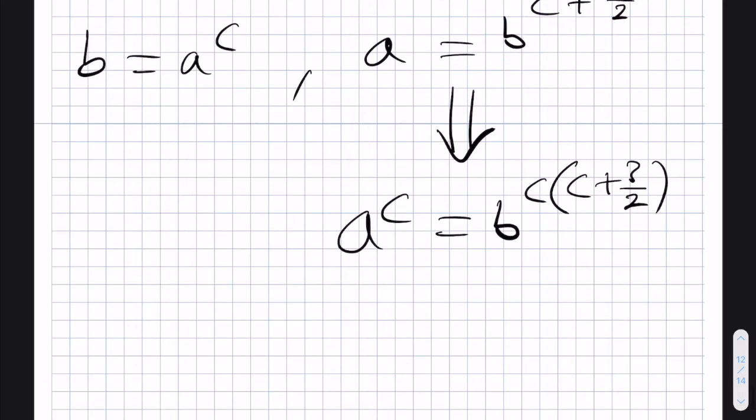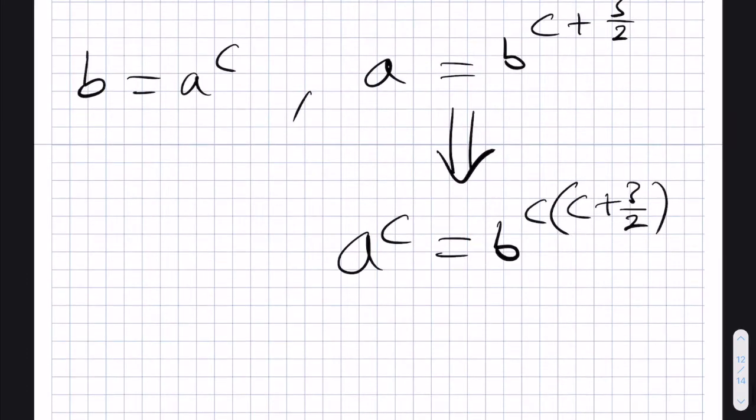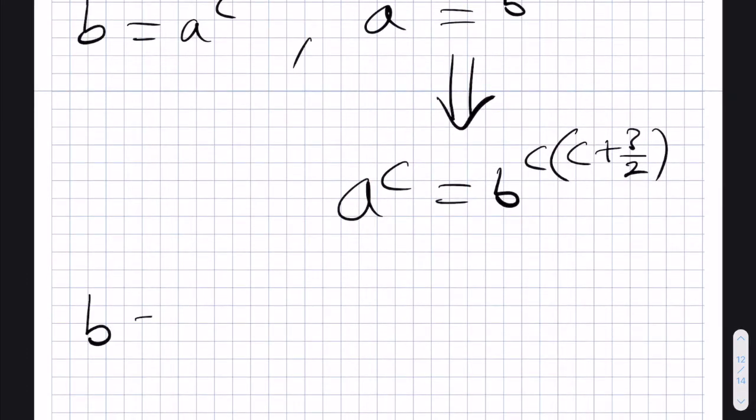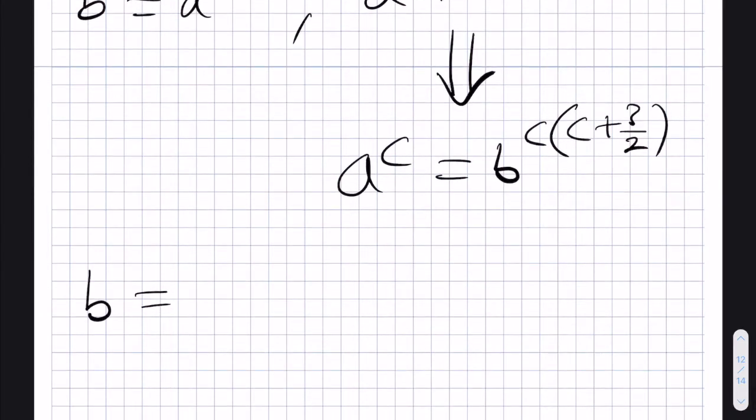And again, now we can eliminate this A to the C using the fact that B equals A to the C from this equation. Therefore we get B on the left hand side is equal to B to the power of C times C plus 3 over 2 from the right-hand side over here.